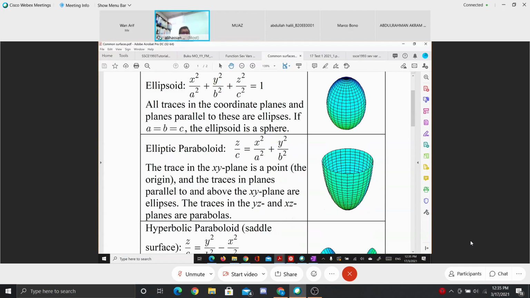Traces in planes parallel to and above the xy plane, when z equal to k: the level curves are ellipses. If I set z equal to k, then the level curves are ellipses.